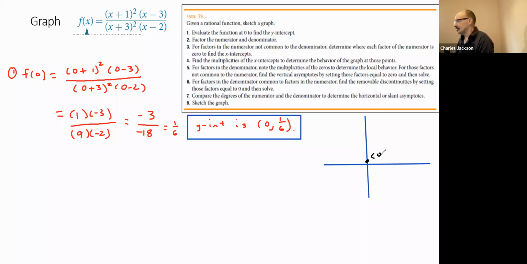Number 2, factor the numerator and denominator. Well, they are already factored. 3, factors in the numerator not common to the denominator.